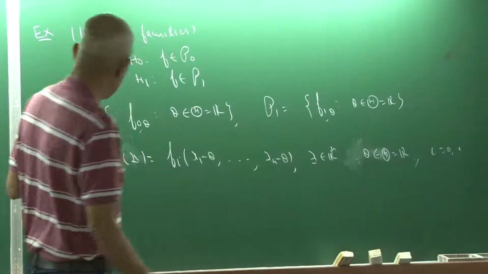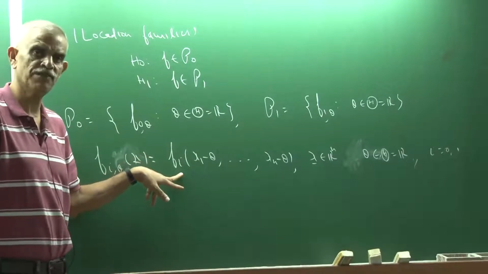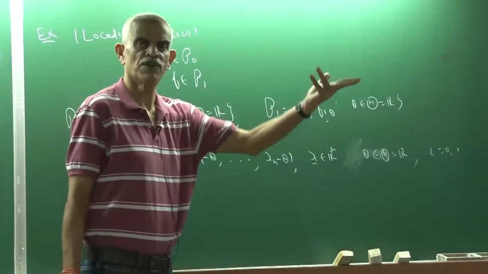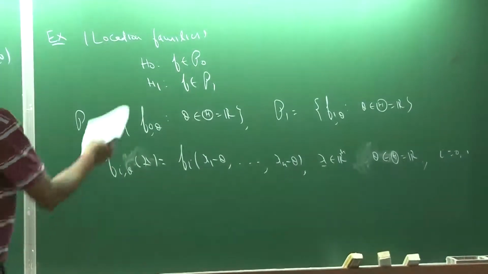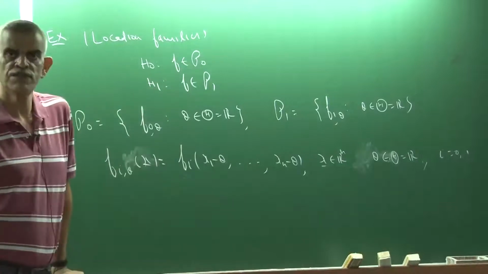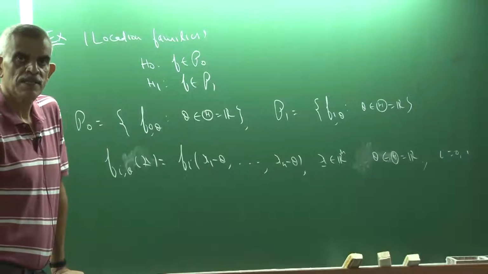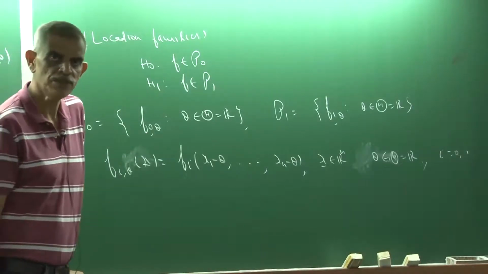It is also location. Fi theta is nothing but fi of x1 minus theta, ..., xn minus theta. So this fi is different, f0 and f1. So f1 theta could be for Cauchy, for example. And what you are interested in is whether your data is coming from a normal distribution with some unknown mean theta, against data coming from a Cauchy family with some unknown location parameter theta. And that is what you want to test.